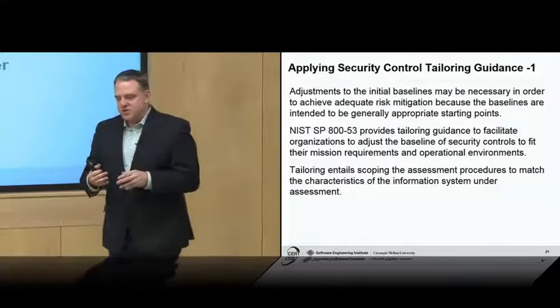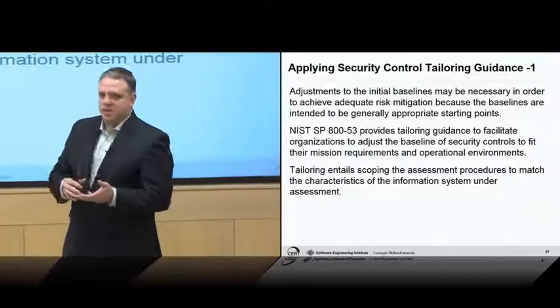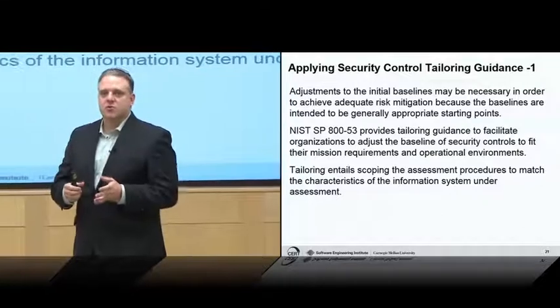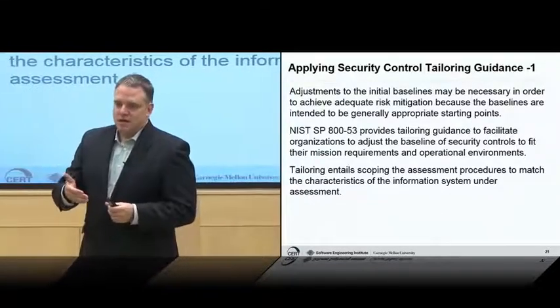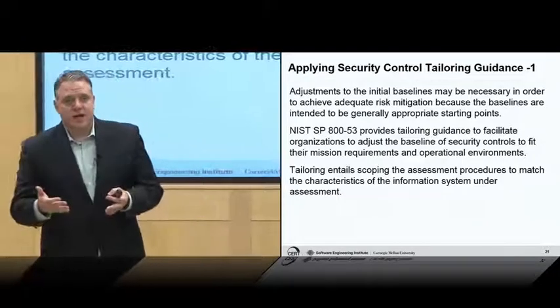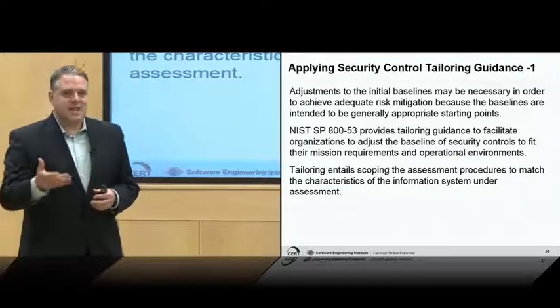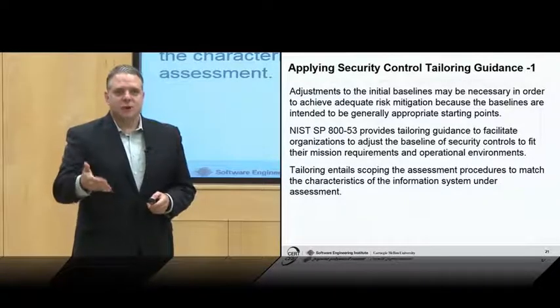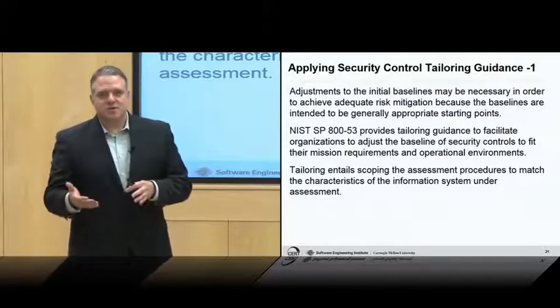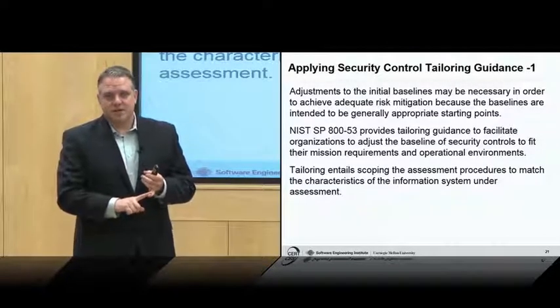So what you'll find as you go through 853 is that there are a lot of controls in there. There's hundreds of security controls. Each control is appropriately generic. And what 853 suggests you do is take that generic control and tailor it based on what you need to address your risk. You could make that control stronger if you need it to address more risk.